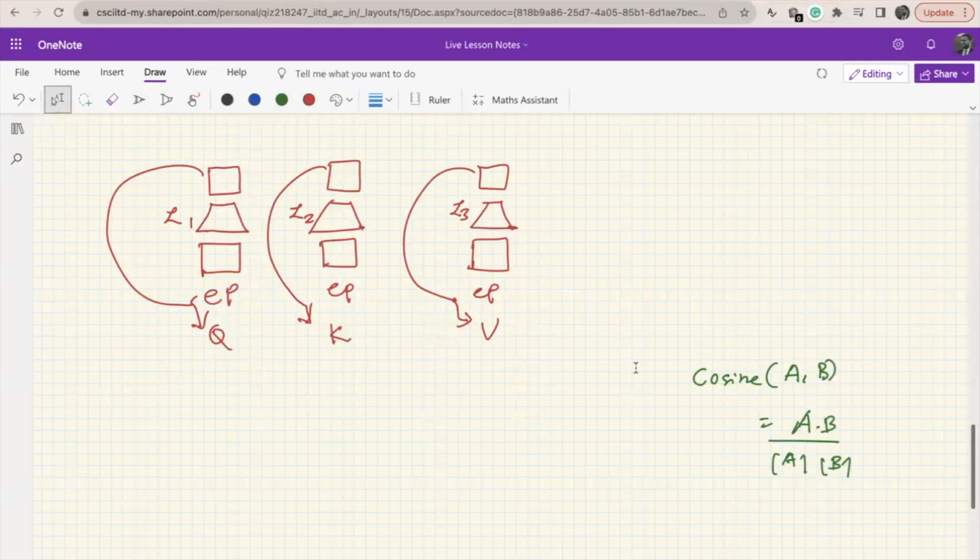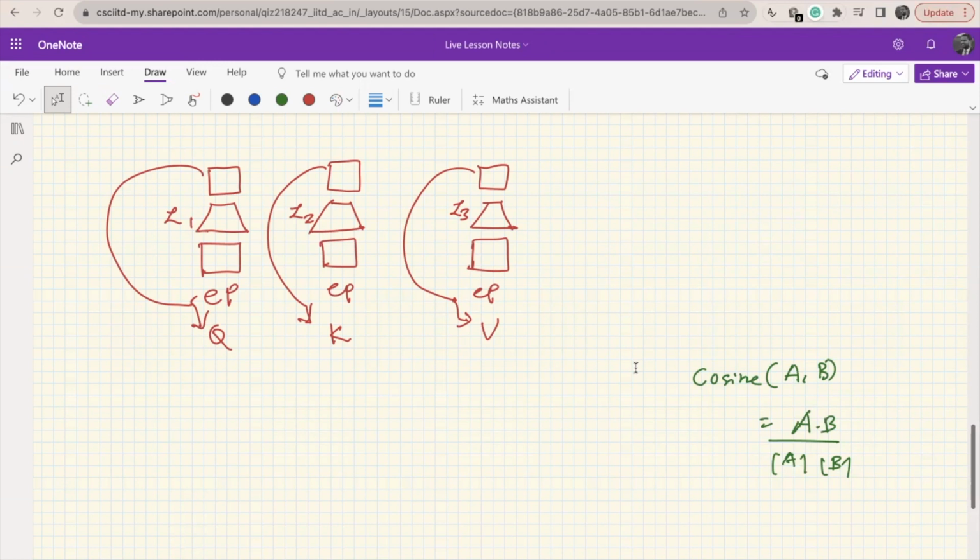The cosine similarity gives us a similarity score between two vectors. If the two vectors are similar, it will give us a score of 1. If they are highly dissimilar, the score will be zero.